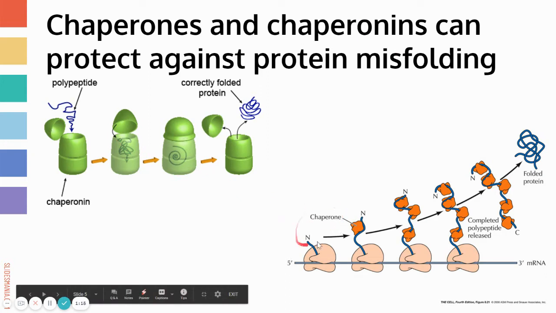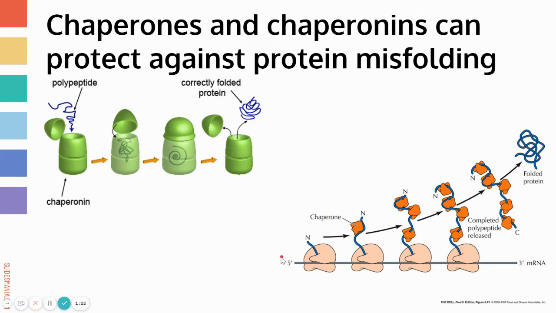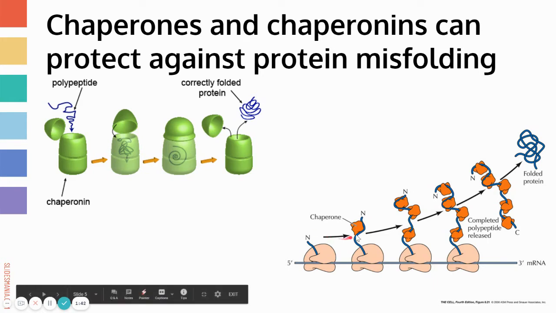So, the difference between a chaperone and a chaperonin. Chaperones are smaller molecules that help newly forming, or nascent, polypeptides fold correctly by binding to regions that may be at risk for misfolding. You can imagine that as a protein is coming off of the ribosome, there may be a region of hydrophobic amino acids that don't like being around water.